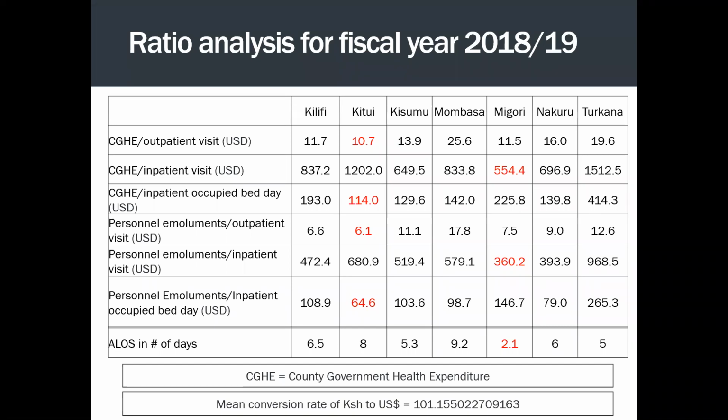Of course, we are not saying that the smaller the ratio, the more technically efficient the county is, because as you were told earlier, the smaller ratio could actually be a sign of poor quality as opposed to efficiency. But what we say is that sometimes we even look at the trends, and my next slides are looking at the trends in some of these ratios to see whether there is any improvement or not. So next slide.